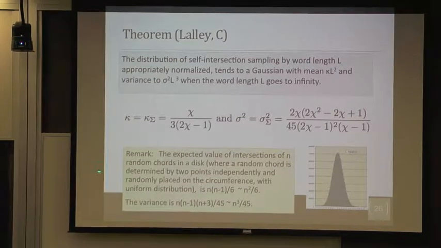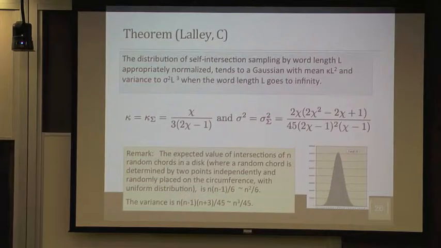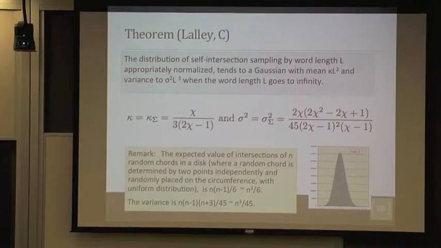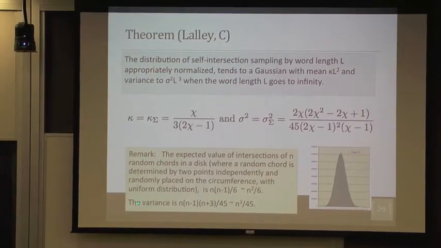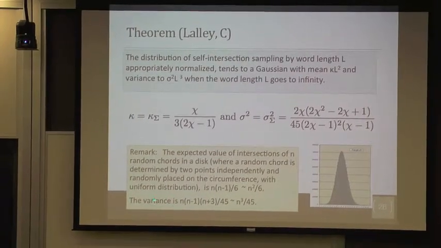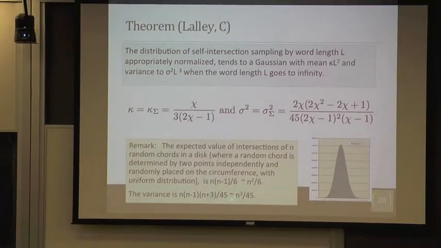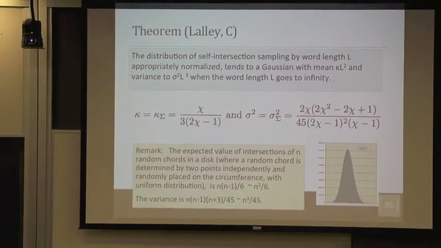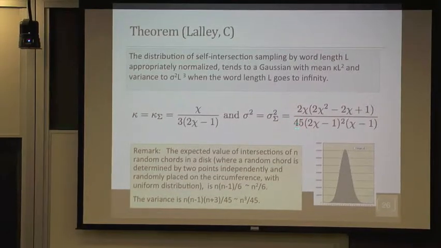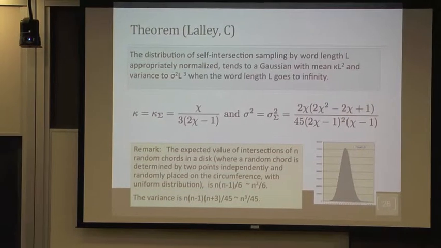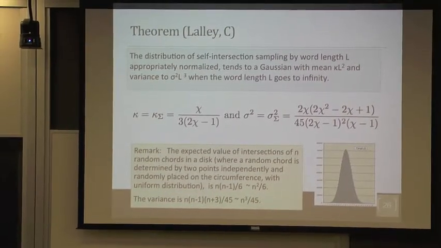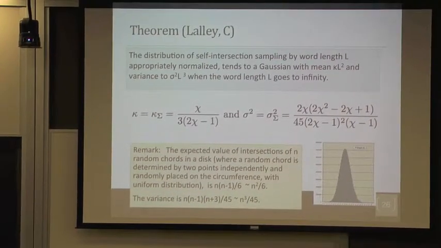Now notice that when my Euler characteristic is huge, this is close to 1/6. And the mean is 1/6 times L squared, and L is the number of sticks. So this is pretty good. But the variance of the same thing is n cubed divided by 45, which is the same thing I have here when the Euler characteristic is large. So for me, I jumped up and down and said, I found it after the paper was published. So it was so nice to have these two 45s there.